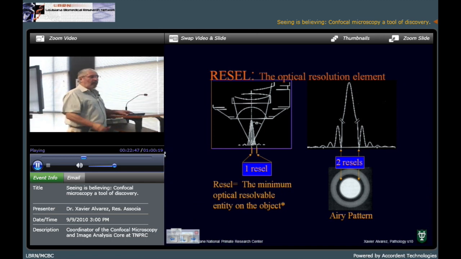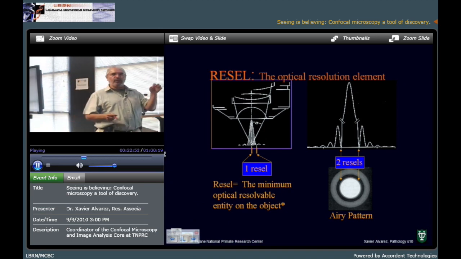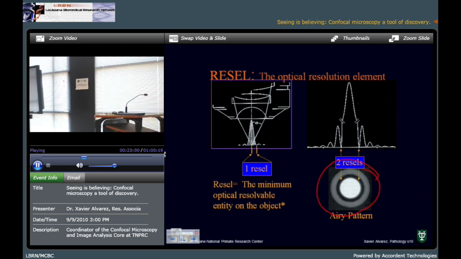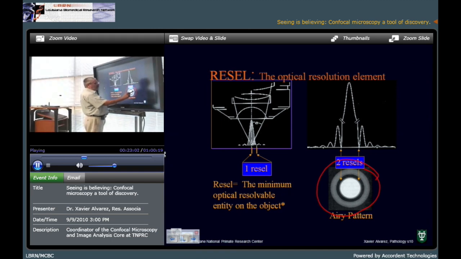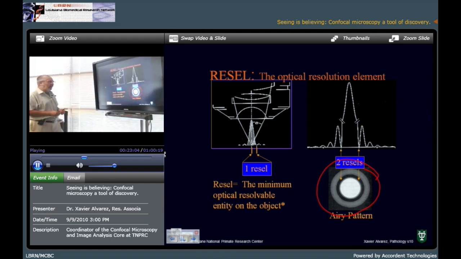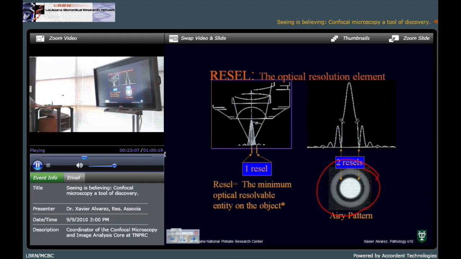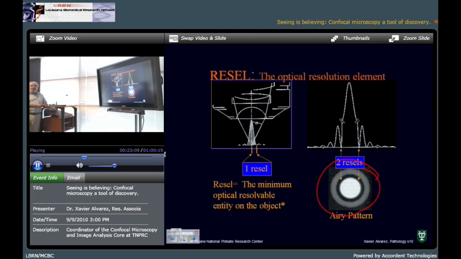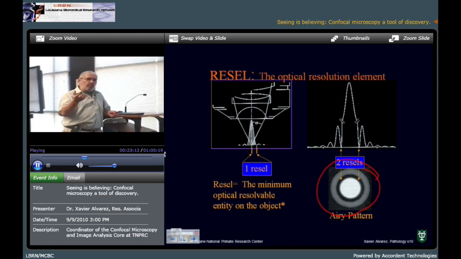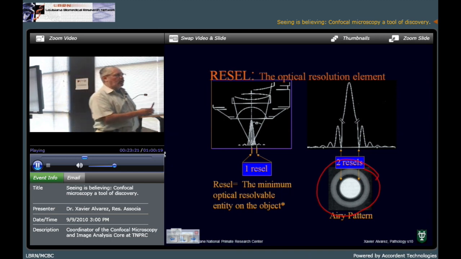The next one. Oh, and it's very well defined what we see through different glasses. When we see through glass, we always see this feature, something very bright in the center, and then a halo. Okay, and that has a mathematical function, and with that mathematical function, lots of programs to clean images from the confocal microscope or other microscopes use this Airy pattern as the point to do this.